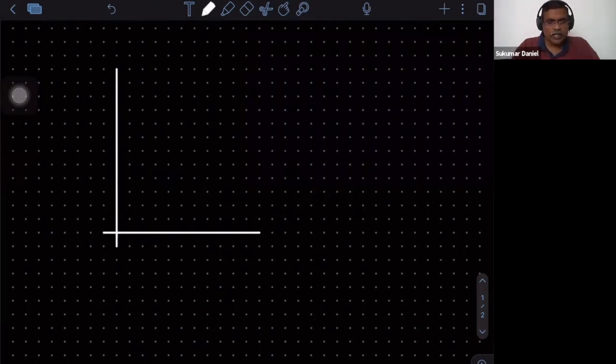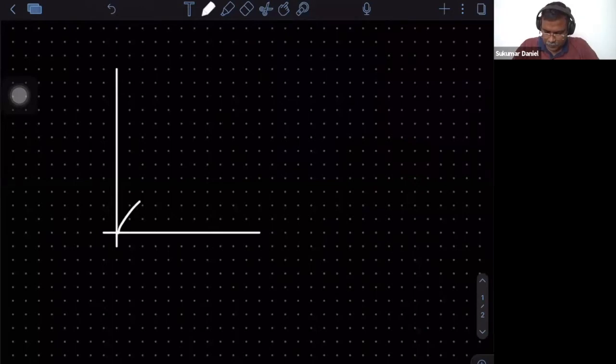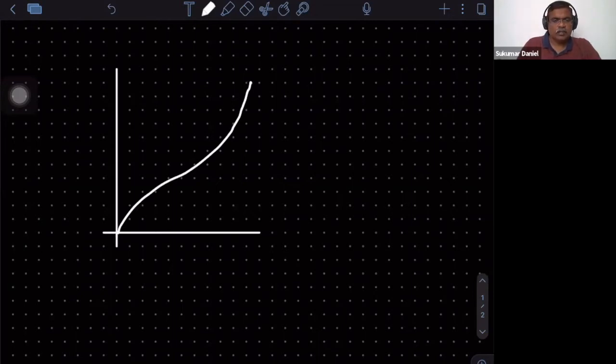Okay, so I asked, if you are given an increasing function f, then how do you understand g? How many of you could get that? Inverse function.